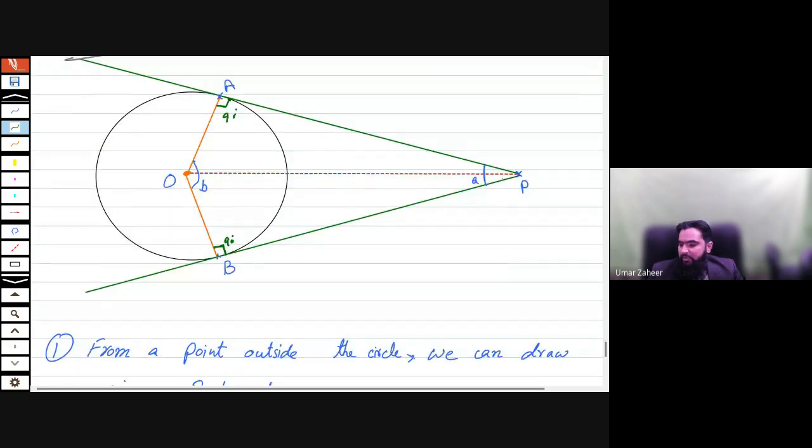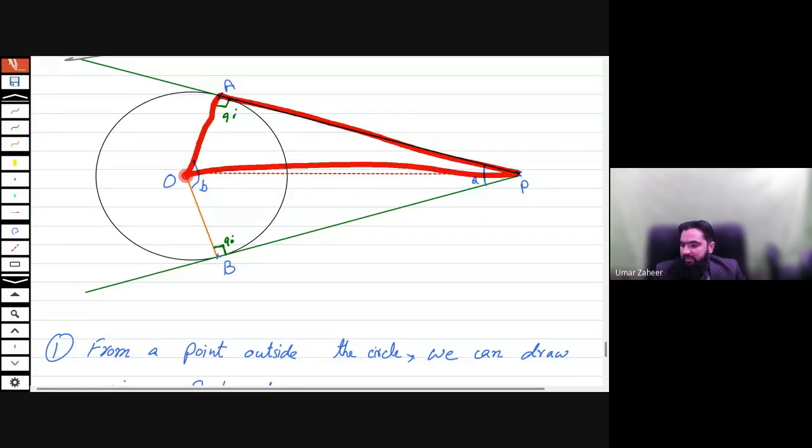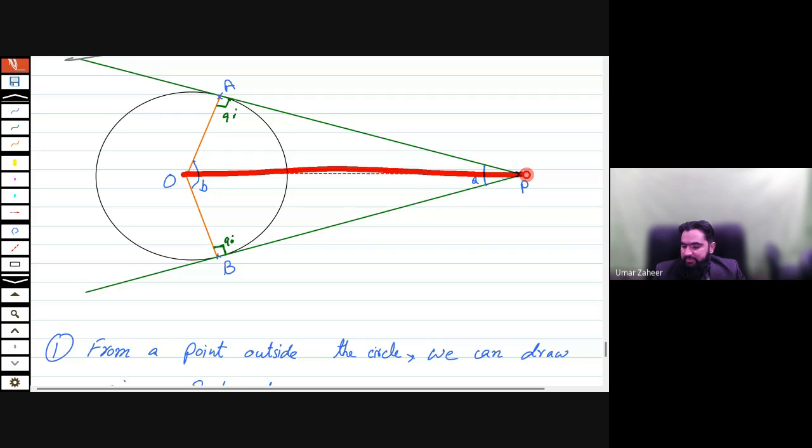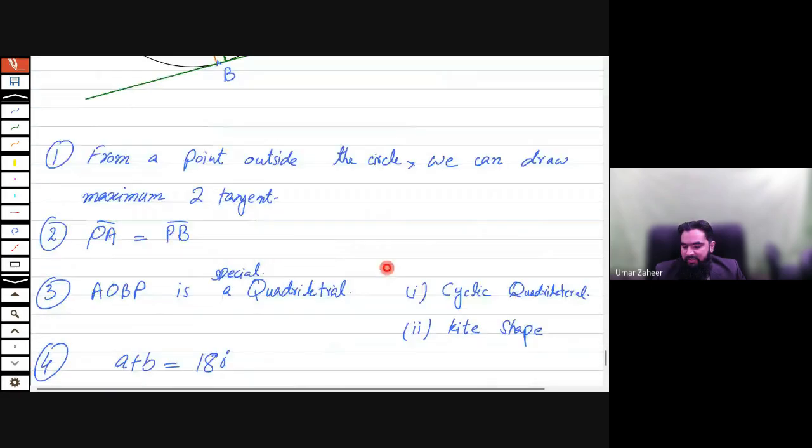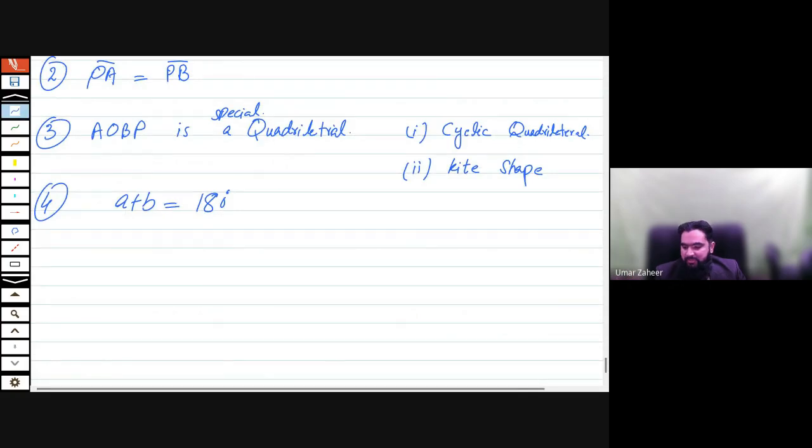Now the last thing is, you are going to get two triangles, OAP and OPB. The property is that these two triangles are congruent. OAP is congruent to OBP. For congruency we have to make three lines.